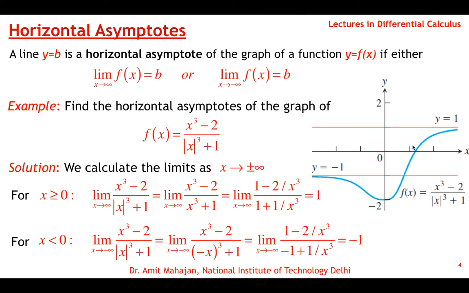One more thing you can see here is that the curve crosses the horizontal asymptote once here. So it is possible that the curve may cross its horizontal asymptotes. It is also possible that the curve may not cross the horizontal asymptote at all, but it is also possible that it crosses the horizontal asymptote at some point, and maybe at an infinite number of points.